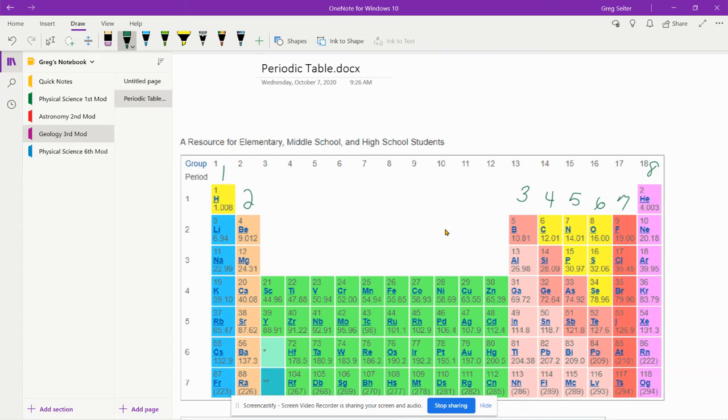They all want 8 valence electrons except for hydrogen and helium. Helium only has 2 valence electrons, and hydrogen has 1 valence electron. It only wants 2 because you can only get 2 in that first orbit, in that first energy level.